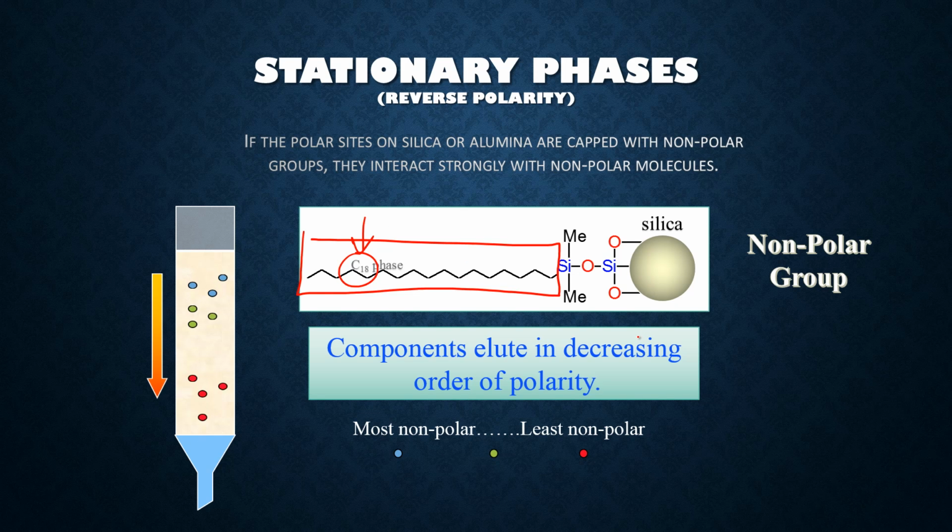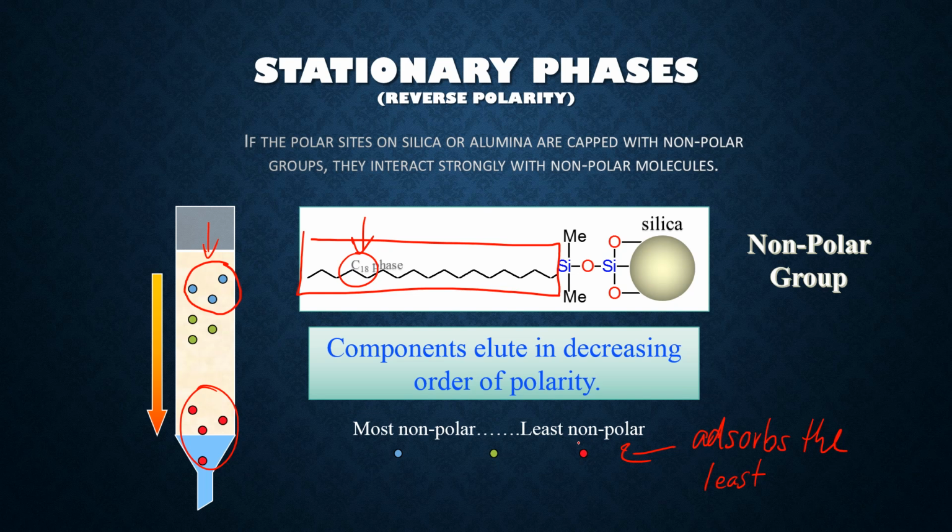So if I run our column here and we have our blue component, our green component, and our red component, the blue component has adsorbed the most to the stationary phase because it's bringing up the tail. The red component has eluted first, so it adsorbs the least to the stationary phase. It adsorbs the least because it is the least non-polar, which means it's the most polar. Non-polar things like to interact with non-polar things.